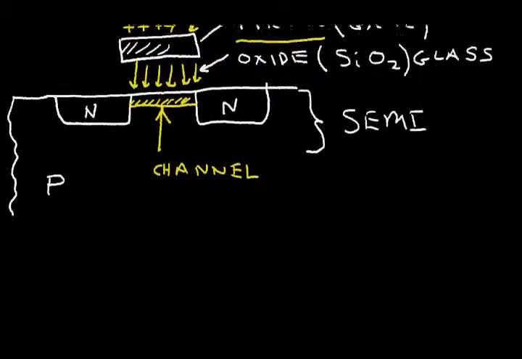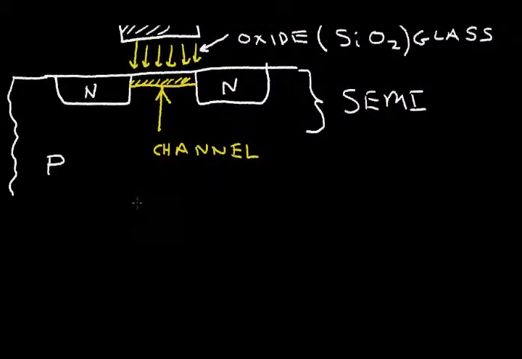Now, if I draw the symbol for this transistor, this is the basic symbol. Let me shade the N region a little bit here.